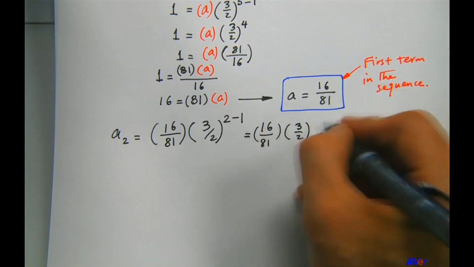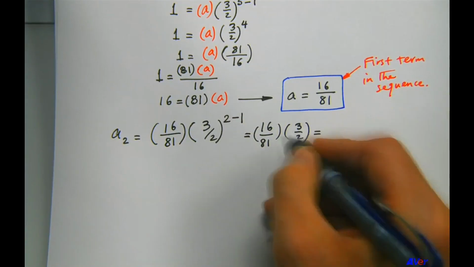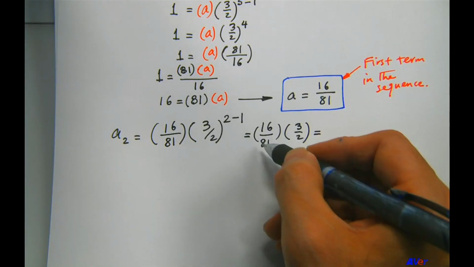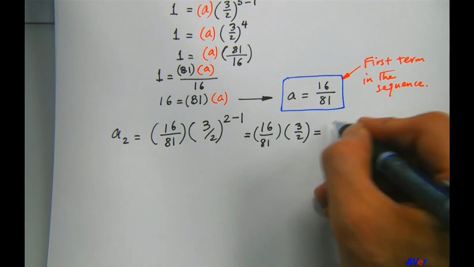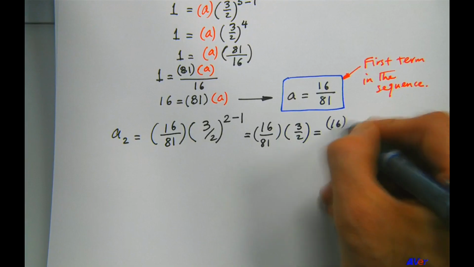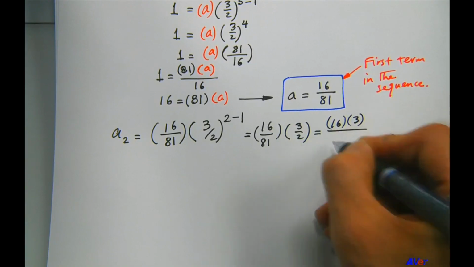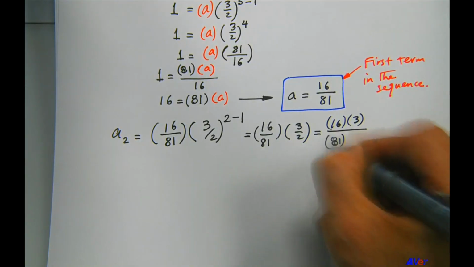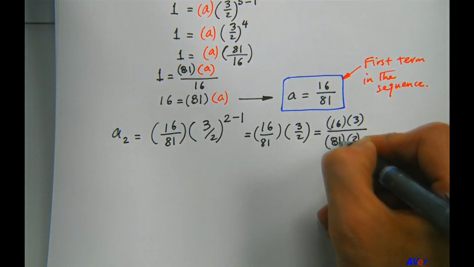And then simplifying this, 3 and 81 do have a common factor, so we have 16 times 3 divided by 81 times 2, right?